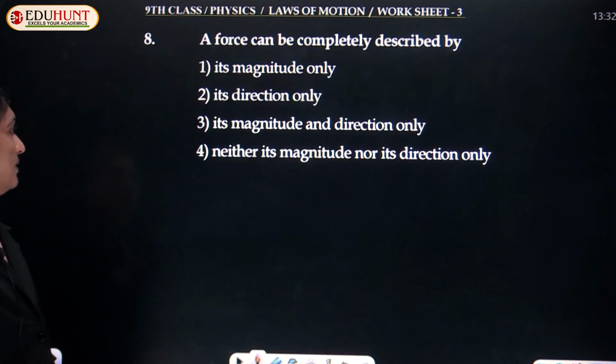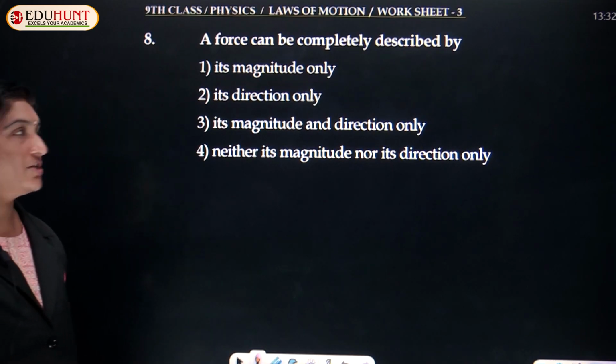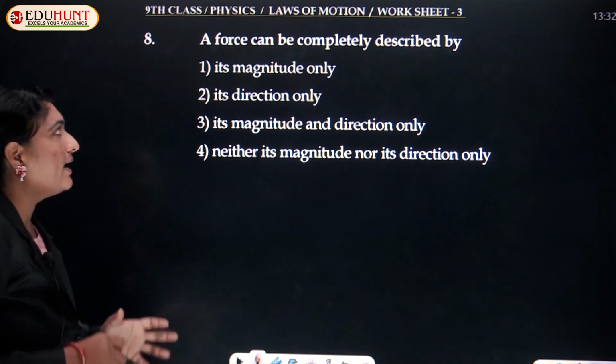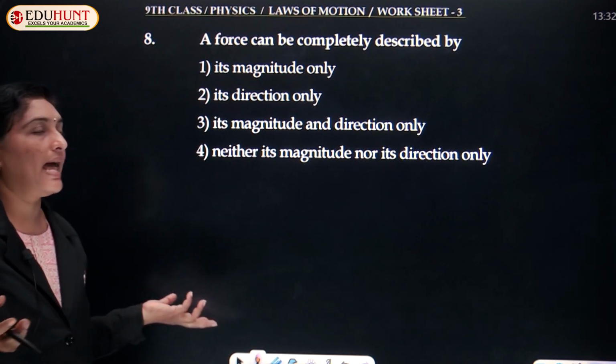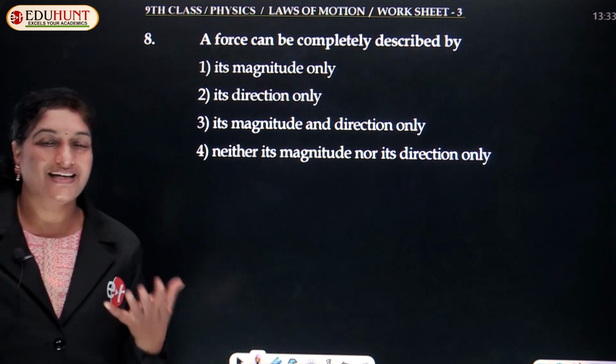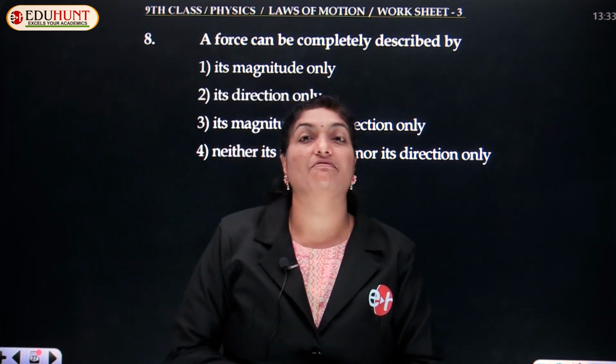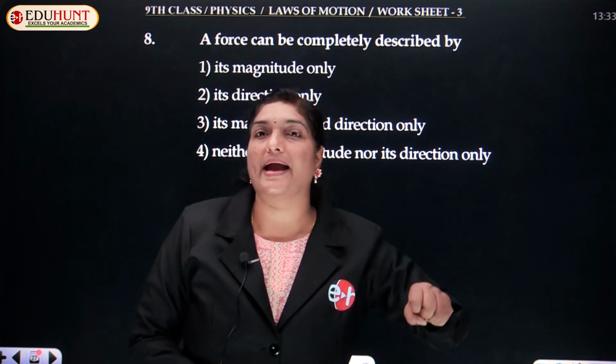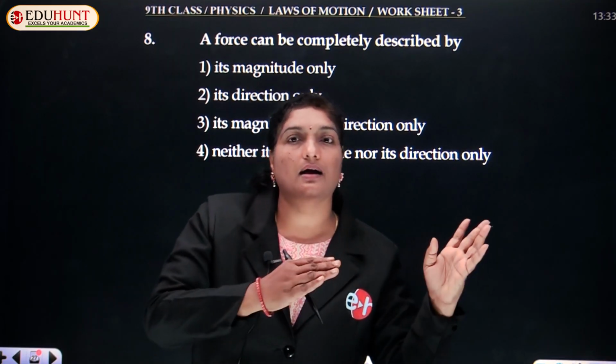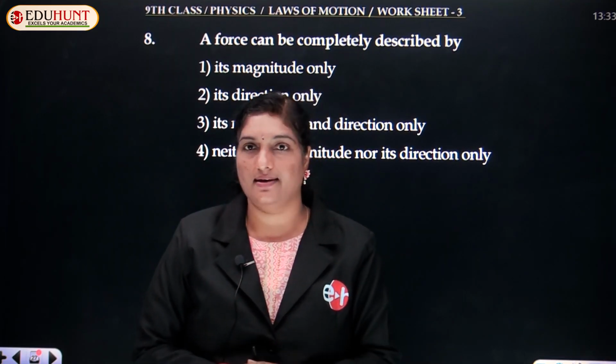Now let us move to the 8th question, children. A force can be completely described by... Force, is it a vector quantity or a scalar quantity? Of course, force is a vector quantity. It has magnitude, and it has a specific direction.